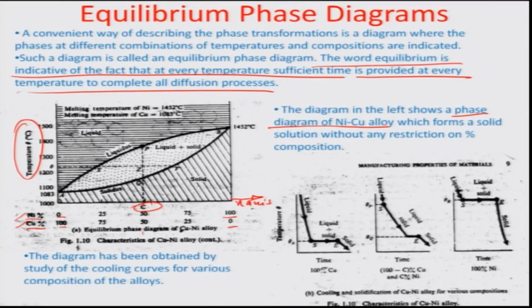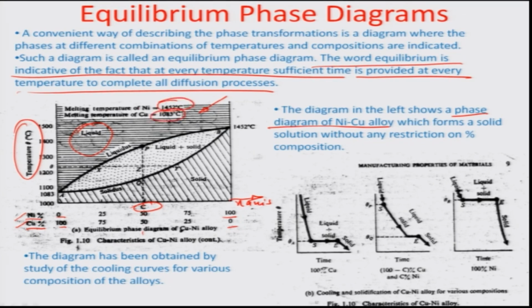Now you can see there are various regions of this diagram. This particular region is the liquid region, which you can see by this horizontally hashed region.